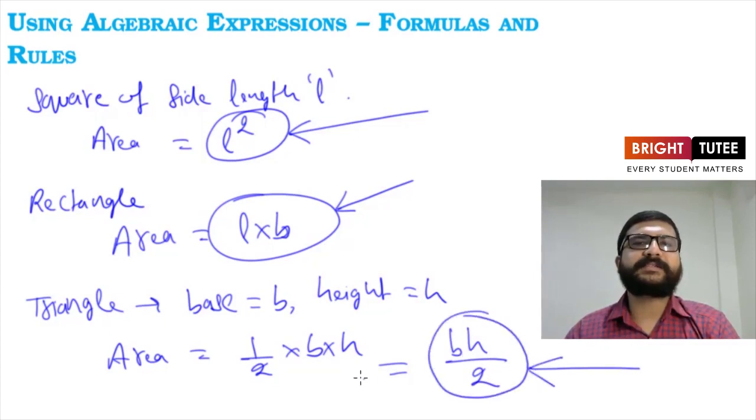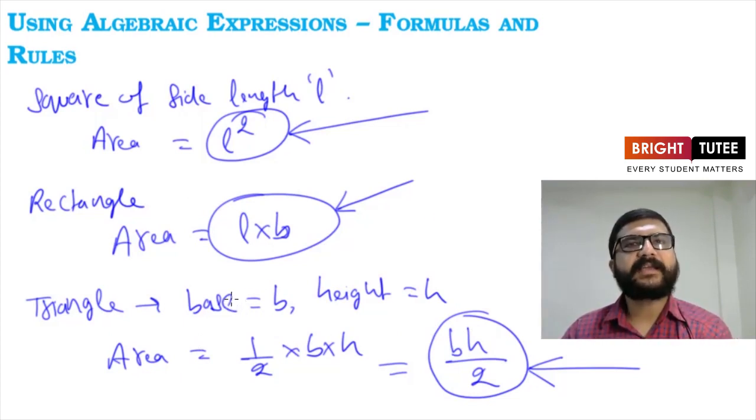So BH upon 2 is the expression for finding the area of a triangle. So this is how we can use algebraic expressions for finding perimeters and areas of different figures.